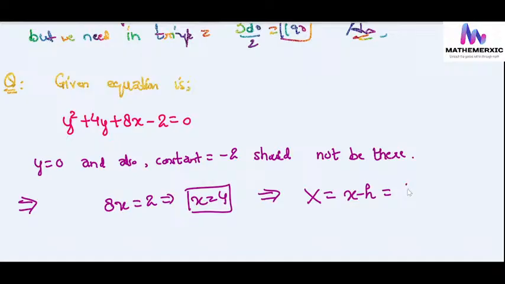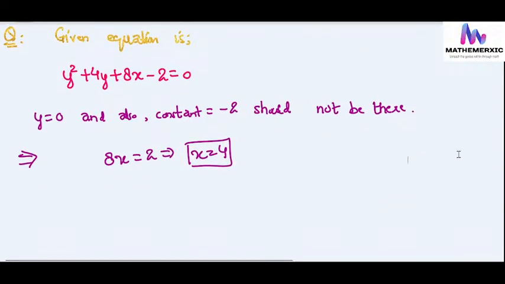So what I can understand from here is that things are very interesting right now. At y equal to 0, x is equal to 4, and the shifting will be to the right hand side by 4.